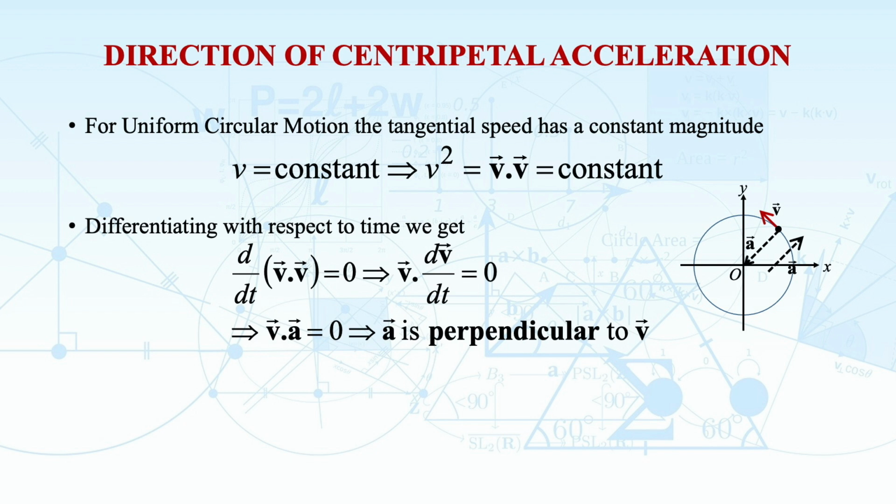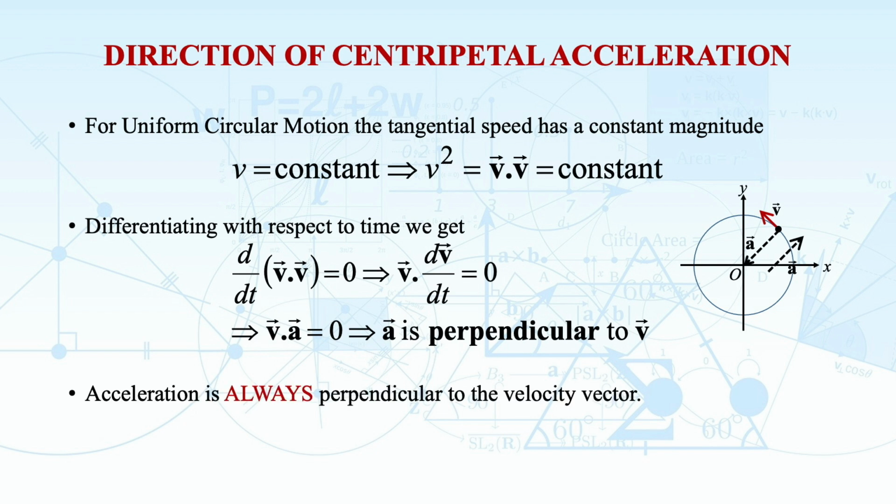So basically what you get from this derivation is that V dot dV/dt, which is also the acceleration, is equal to 0, means that the acceleration vector A is perpendicular to the velocity vector V. So that tells us that A is directed either along the radial vector or opposite to the radial vector, because in both those cases you would get V dot A is equal to 0. You know that the radial vector or the radial direction is at right angles to V, and V dot A being 0 means that A has to be either along R or opposite to the direction of R.